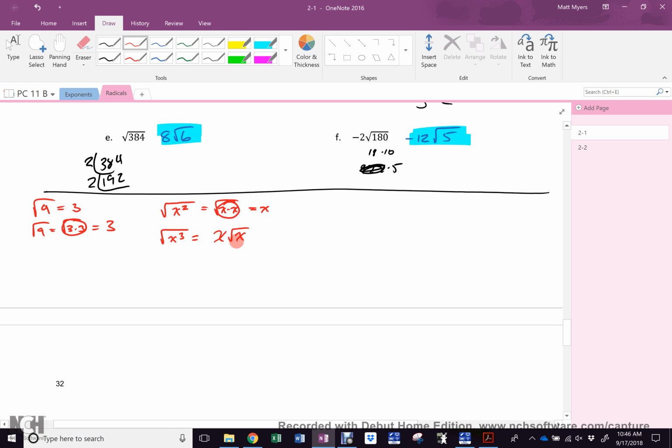Why? The root just squares. X root x, because this in the middle here would be x, x, x. And it would be naughty, right? Everybody got it?